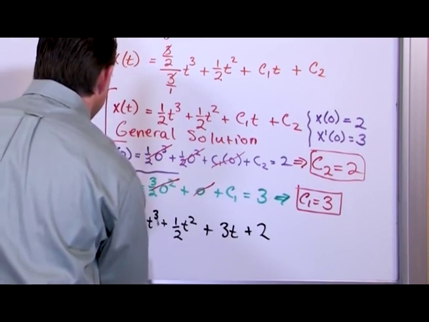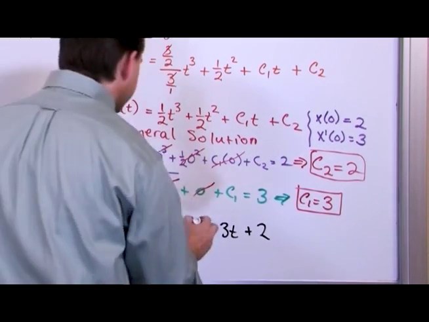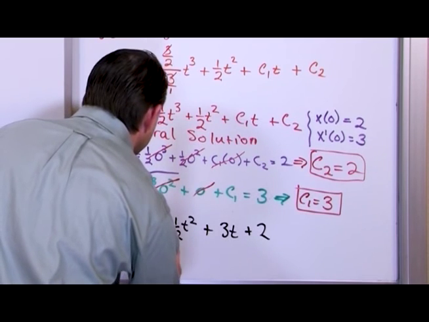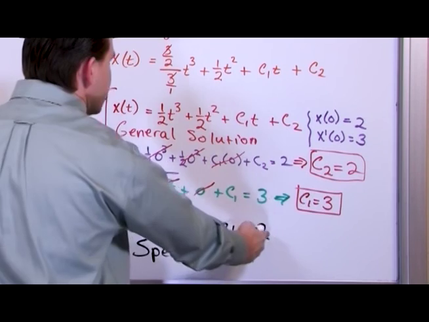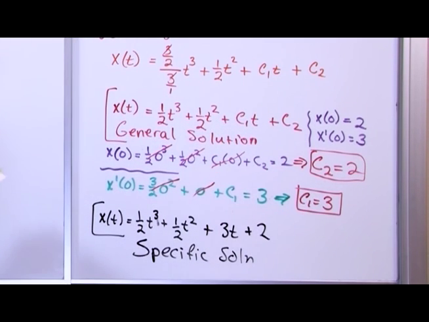And this is the specific solution. Notice there's no constants of integration anywhere in there. 1/2 t cubed plus 1/2 t squared plus 3t plus 2. This is the specific solution to this problem.